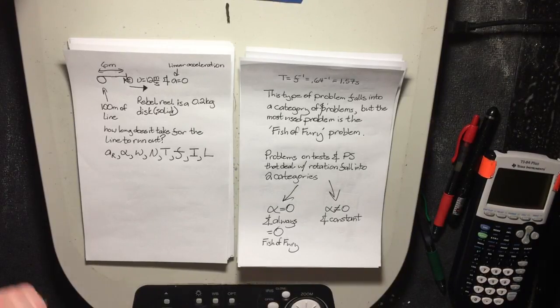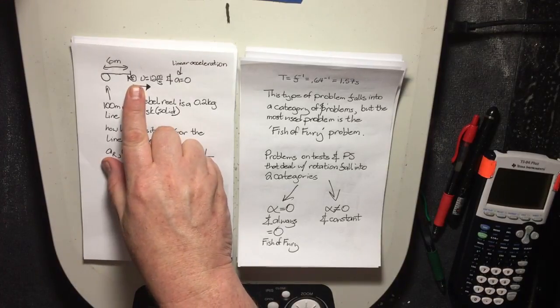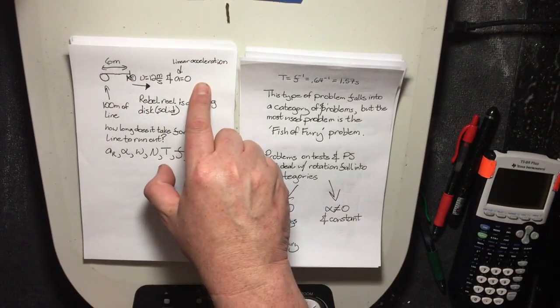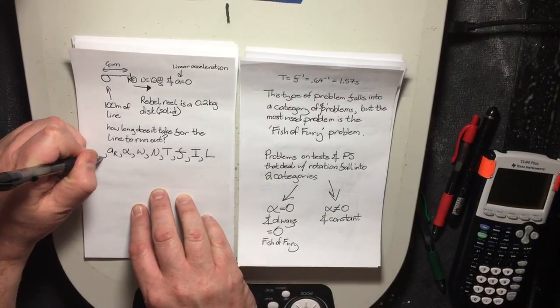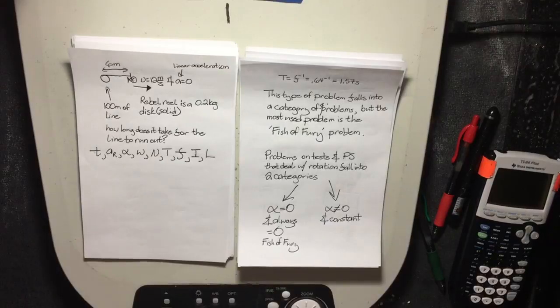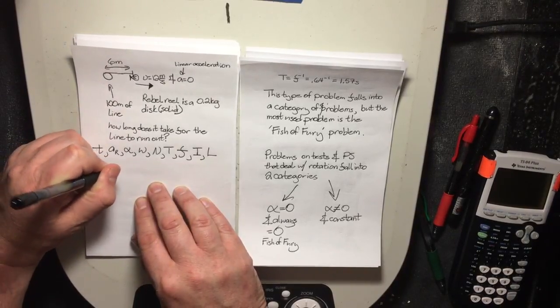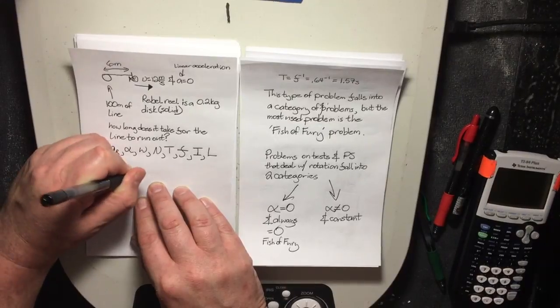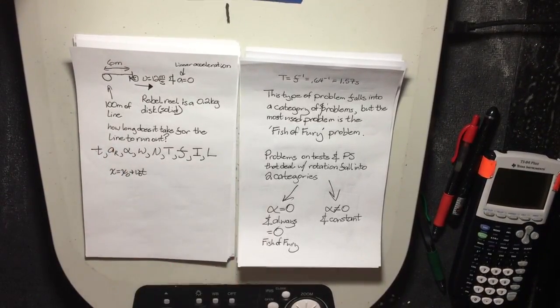Now, with something like this, and this is the problem that I gave them, they all just freaked out. They all just lost their minds. But remember, this is a problem where you sit there and go, well, this thing's moving at 12 meters per second. It starts at 6, it ends at 100. Here's another number, the total time. So I could get the total time before the line runs out. It's a one-dimensional problem. x equals x naught plus v naught t. It doesn't have a linear acceleration, so there's no 1/2 a t squared.